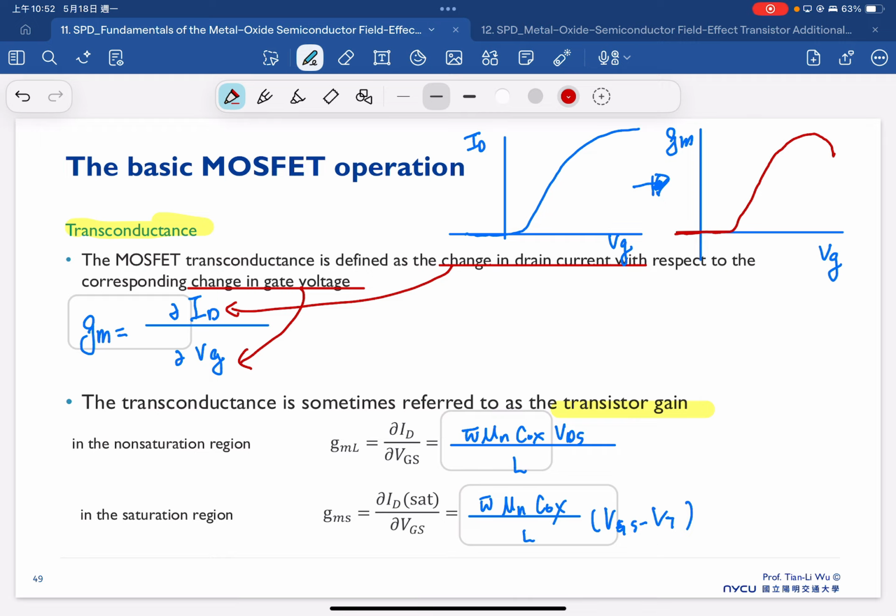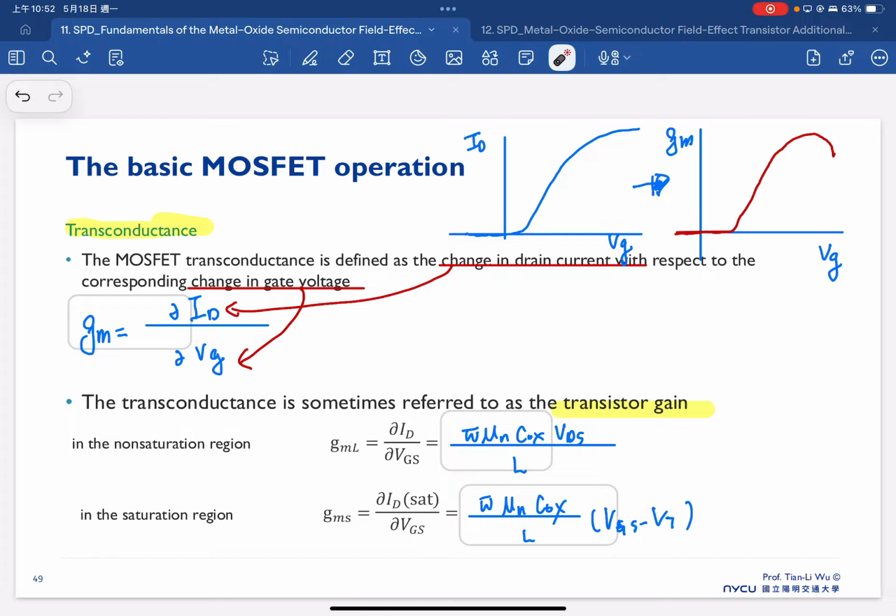Why will it drop? Because now we reach saturation. The current between here and here is getting less and less increase, so we will see the transconductance drop. That's from the ID-VG curve.